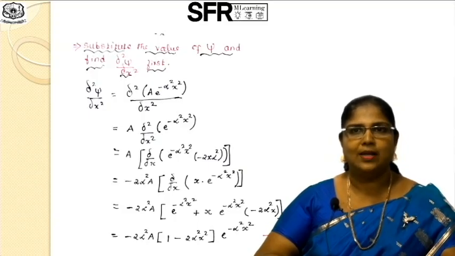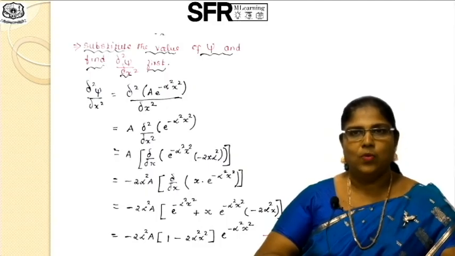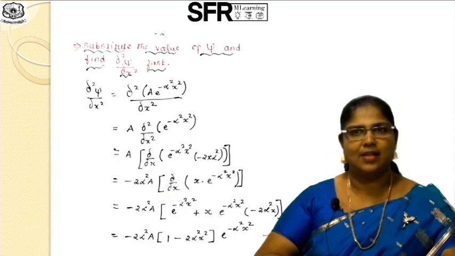First, we write the constant as such, -2α²A. Now, differentiate x e^(-α²x²). First, we differentiate x with respect to x by keeping e^(-α²x²) as a constant, so we get the first term. What is the differentiation of x with respect to x? It is nothing but 1.